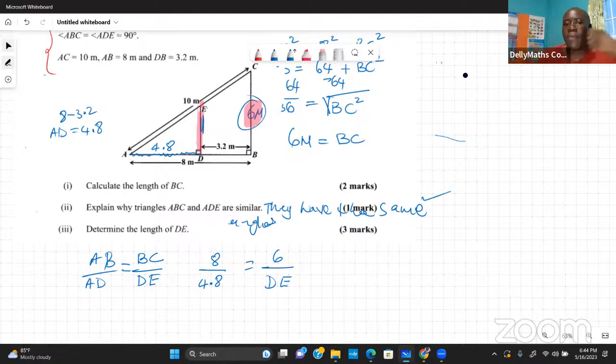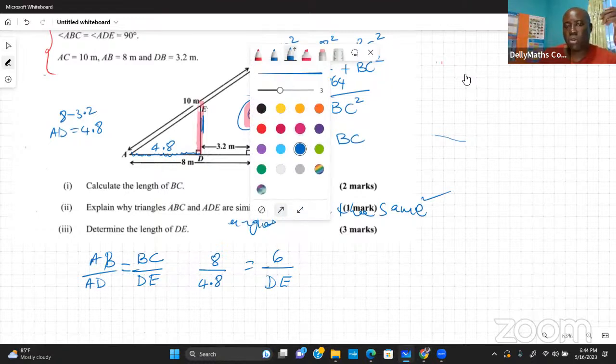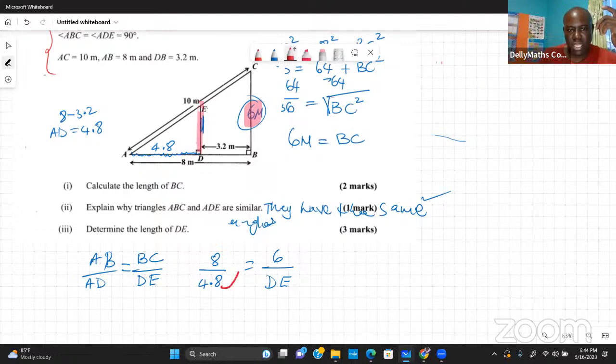All you have to do is to apply regular math and say cross multiplication right now. This times that is going to equal that times that. Regular. So don't be afraid to utilize all those little things that you learn. So I'm suggesting that 8 times DE is equal to 6 times 4.8.